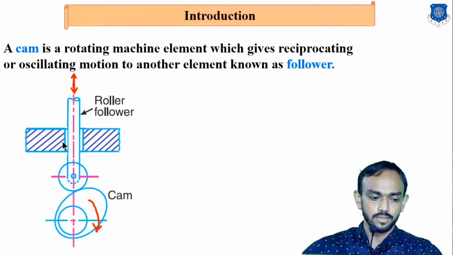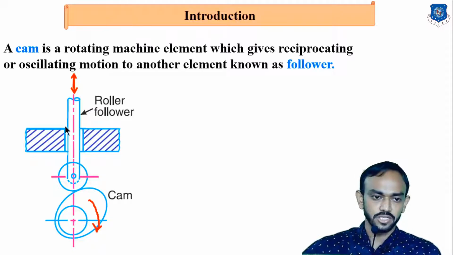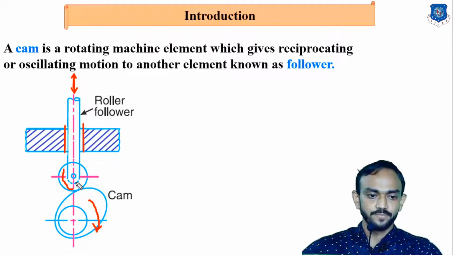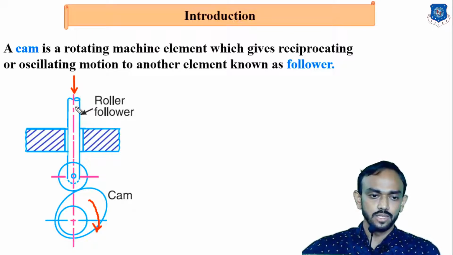A constrained direction is given to the follower, so it can reciprocate with respect to rotation of CAM. Here, for smoothness, a roller is given which also rotates.